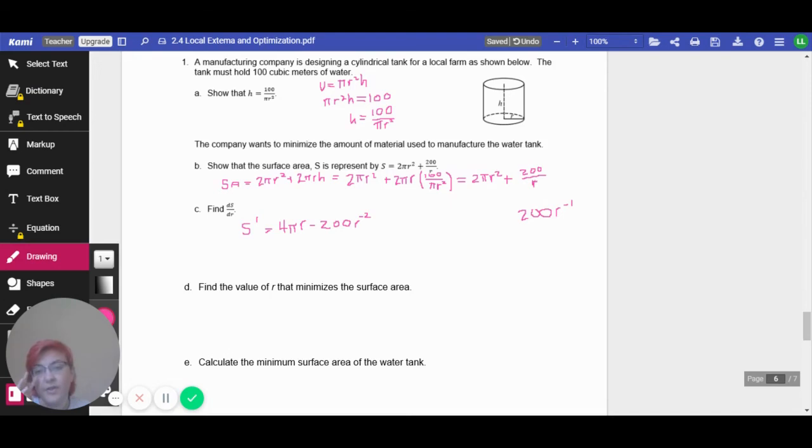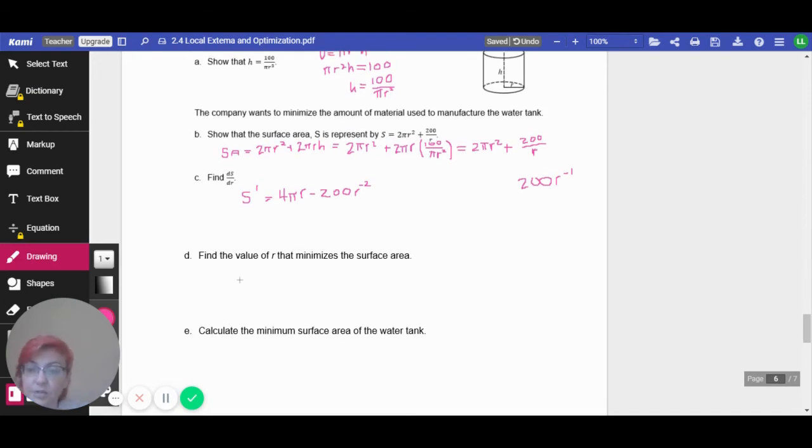So now find the value of r that minimizes the surface area. Let's set it equal to 0 and solve. 4 pi r minus 200 over r squared equals 0. All right, so now I'm going to add 200 over r squared to both sides.